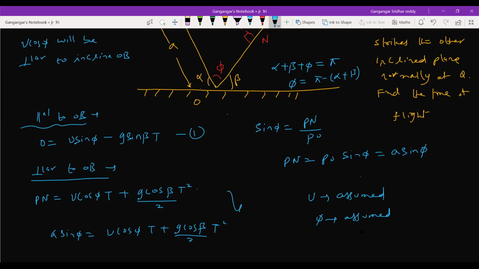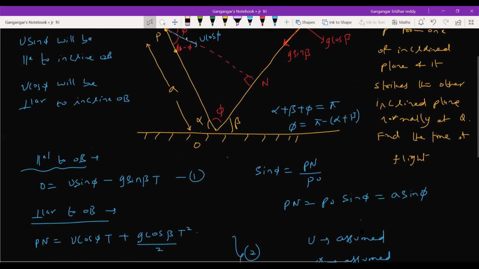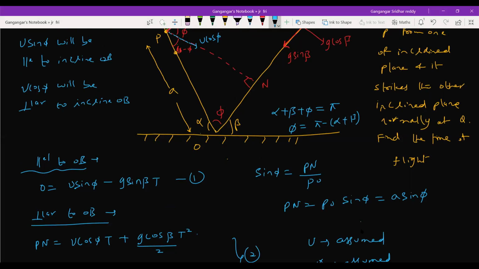Sir, it is g sin beta t by 2, no, sir, in the first equation? First equation, sir, g sin beta. V is equal to U minus at, correct, sir? g sin beta is a retardation, and U sin phi is the velocity. Okay. Yes.